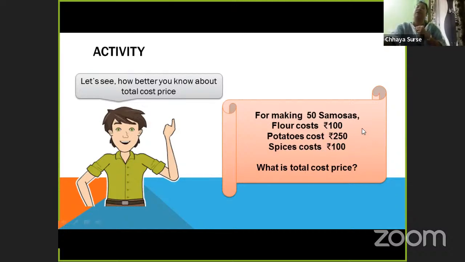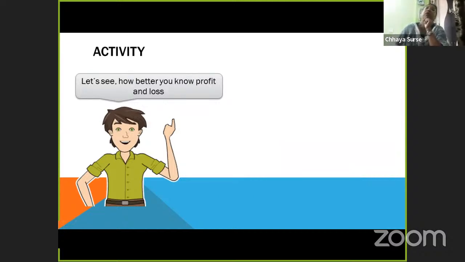Yes, 450 rupees. It is the total cost price because for making samosas we invest in flour, potatoes, and spices. That's why the total investment to make samosas is 450 rupees.